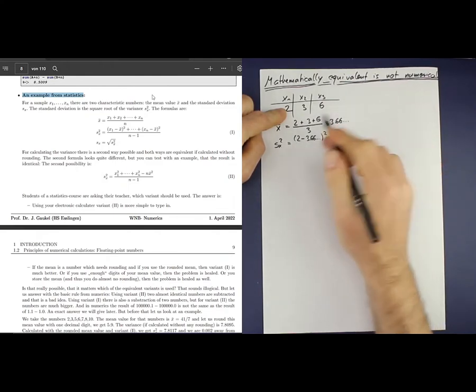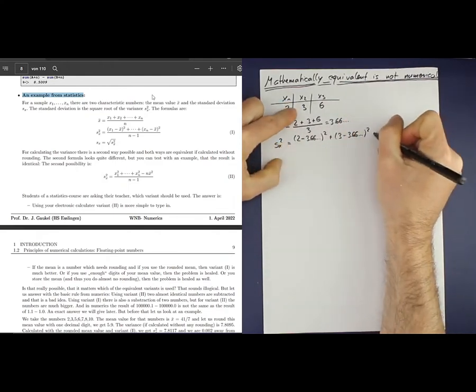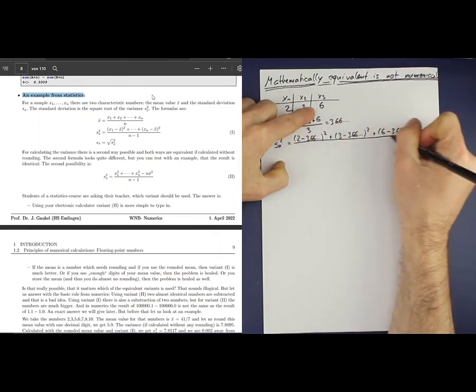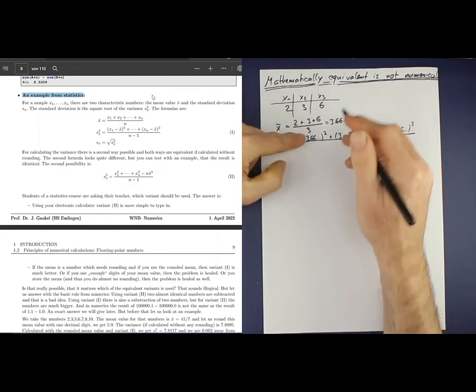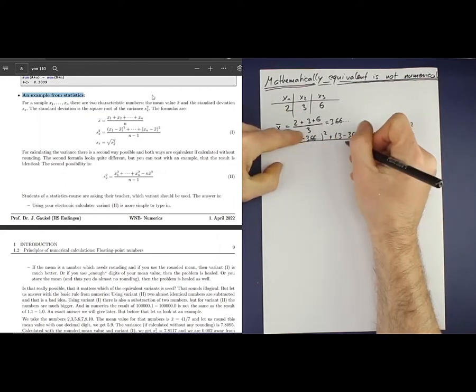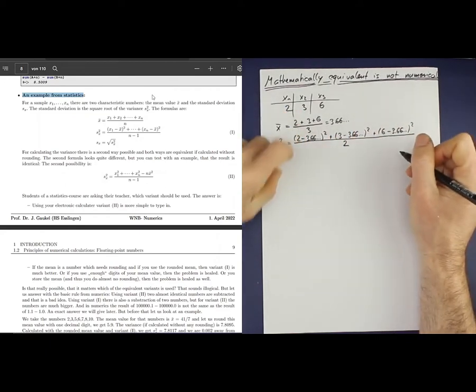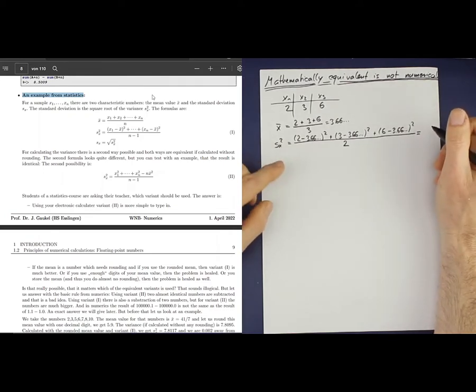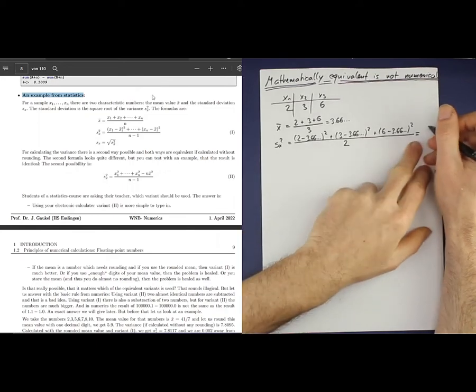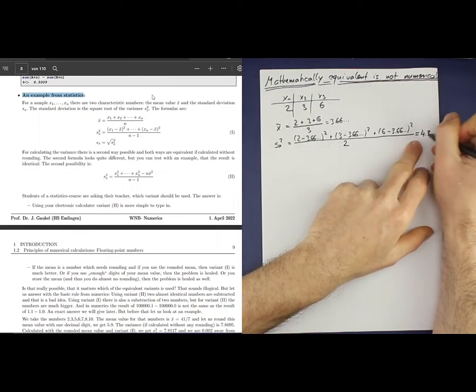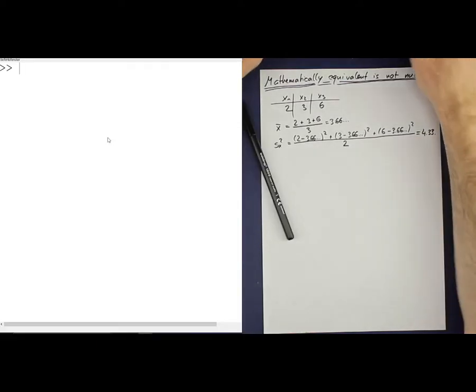Do so with every value and divide that by, not by 3, but 1 less than the number of elements. So in this case, divide by 2. And if you do that calculation on your calculator, then the result is 4.33.